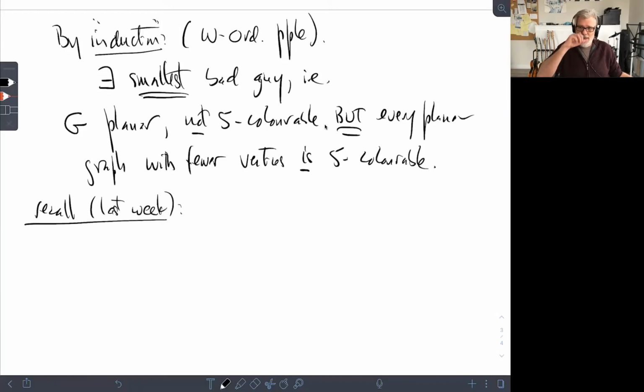Okay, so recall the following lemma that we saw last week. We saw that as a consequence of Euler's formula, every planar graph has a vertex of degree at most 5, right?